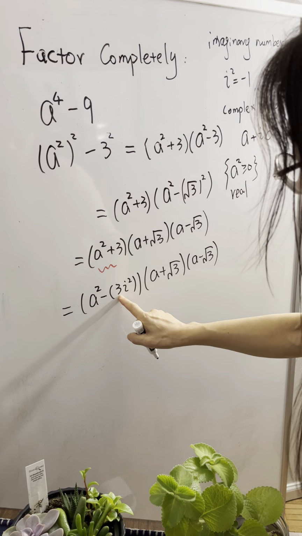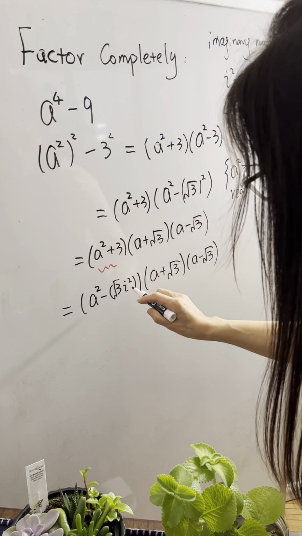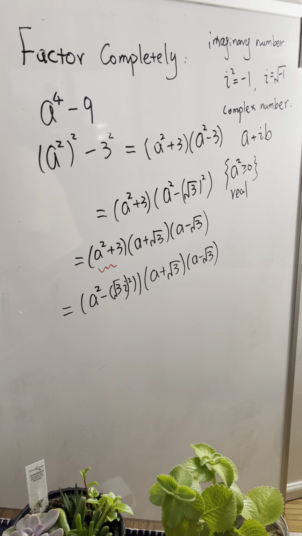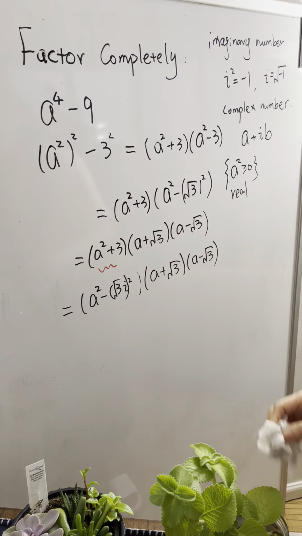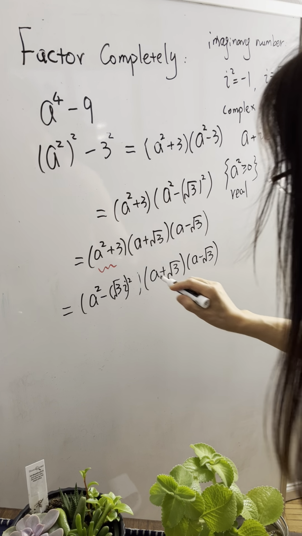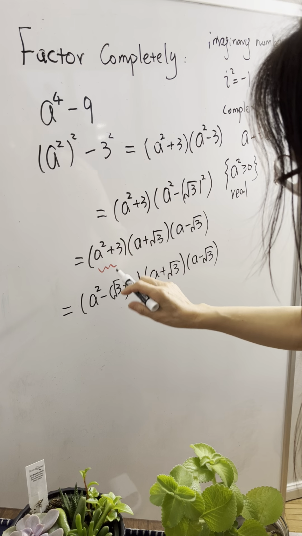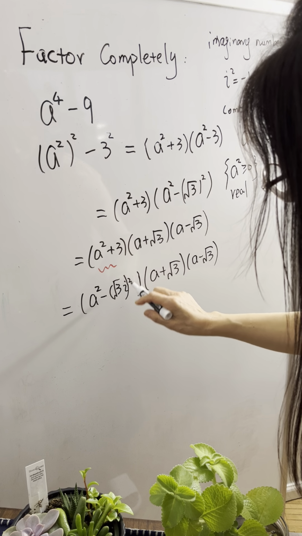Of course, 3 is the square root of 3 squared. Right? So we can make this a square: so we can rewrite this a squared plus 3 as a squared minus the square root of 3i squared.